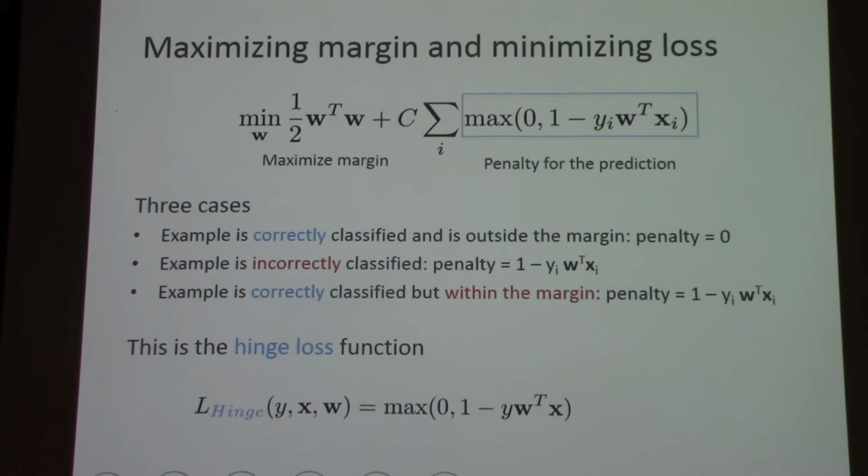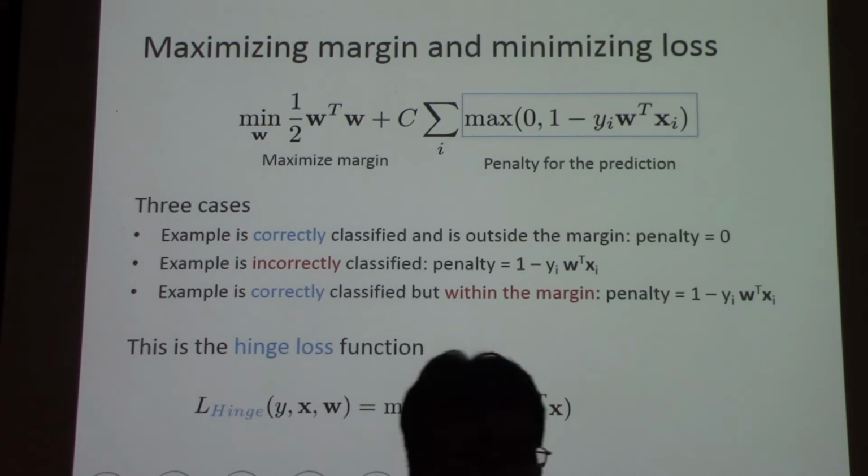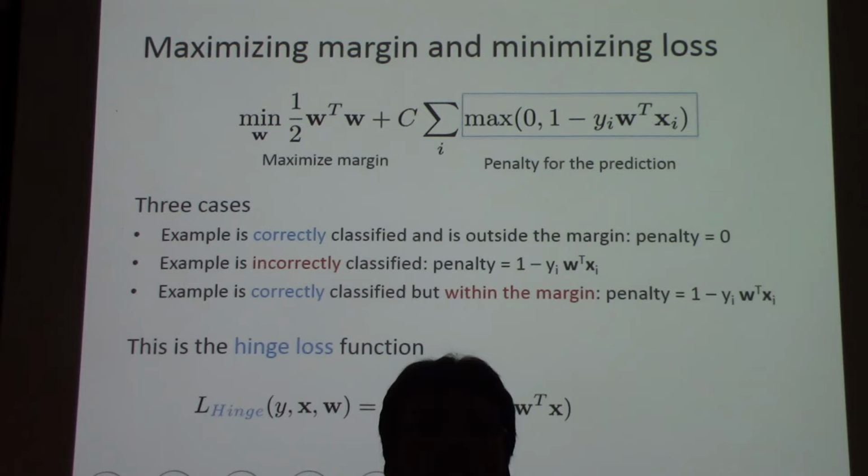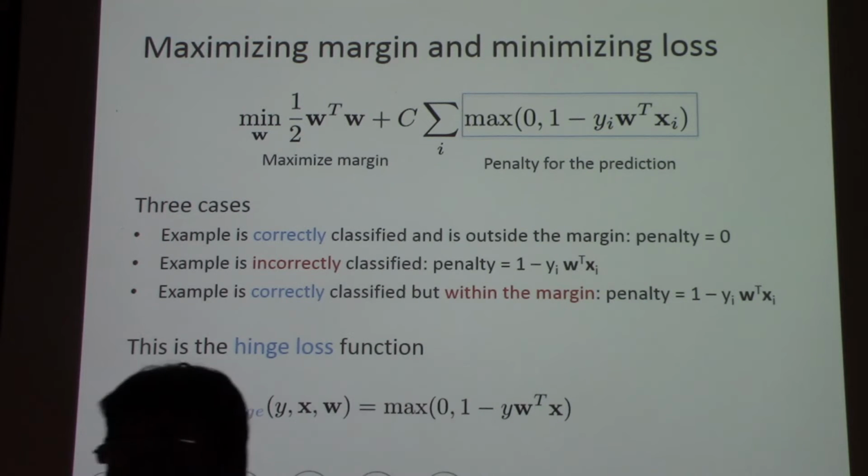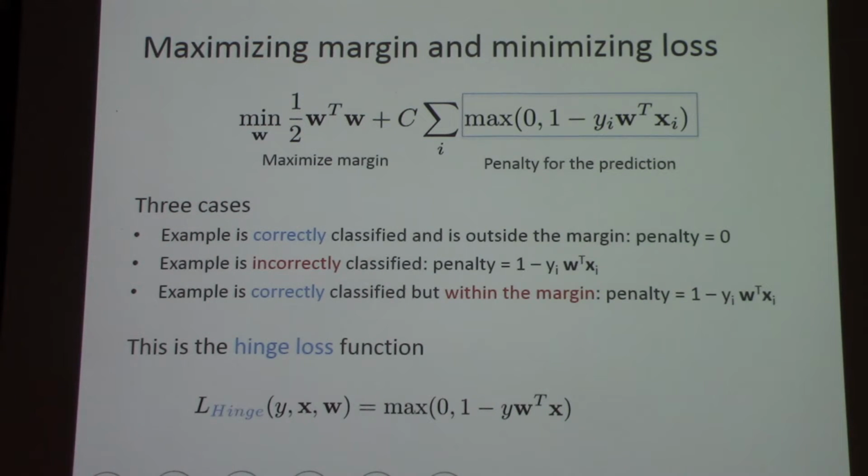The classifier is completely defined by W. Say this W gets an example, X and Y. What's the penalty faced by this weight vector on this example? The Hinge loss is simply defined as max of 0 and 1 minus YW transpose X. And the interpretation of the Hinge loss is these three cases.